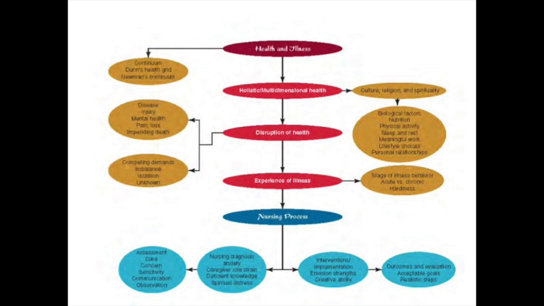Here's another example of a concept map, this one looking at health and illness and how we categorize or think of it between holistic and on the continuum, and the disruption of health and the experience of illness, and then even breaking it down into the nursing process: how we assess, how we diagnose, intervene, and then how we evaluate our outcomes.